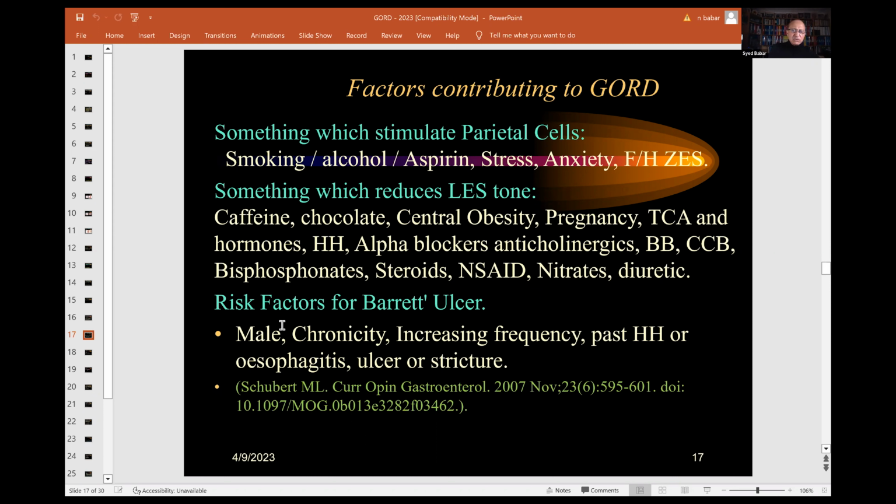So these are those factors which lead on to Barrett's ulcer, and we all know that Barrett's ulcer is very symptomatic and it could lead on to becoming a cancer of columnar epithelium lined ulcer, which has a worse prognosis, as we all know.